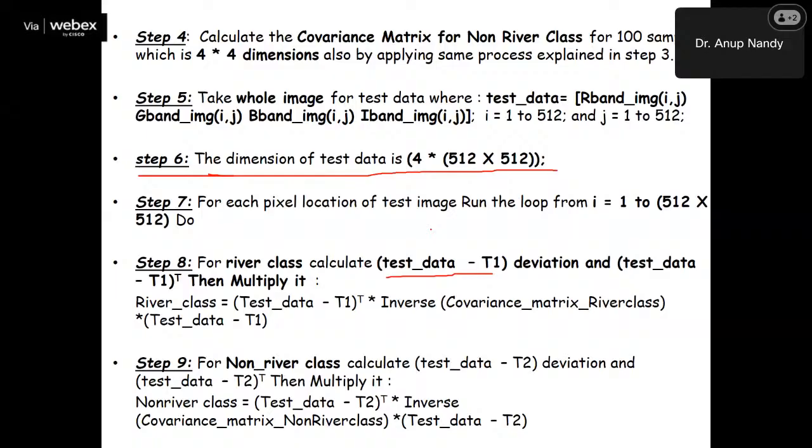Actually, it is very difficult to write this, so there is an inbuilt function in Python that I'll show you. You can easily call it and get the answer, but you also need to understand what is actually going on.